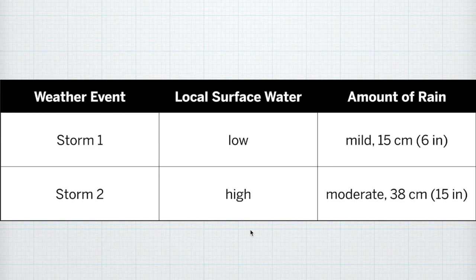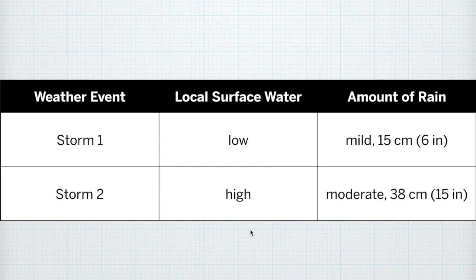What we're going to do now is model what goes on inside of two storms. We're going to look at storm 1 and storm 2, and model in a diagram, on a water cycle diagram, what's going on here. Storm 1 has low surface water and a mild amount of rain, 6 inches.